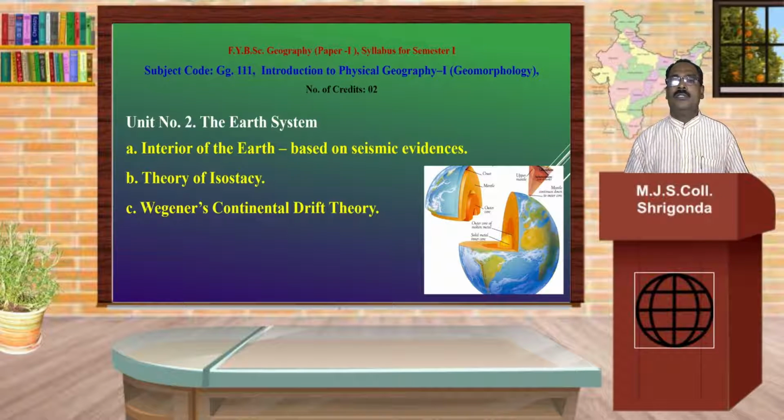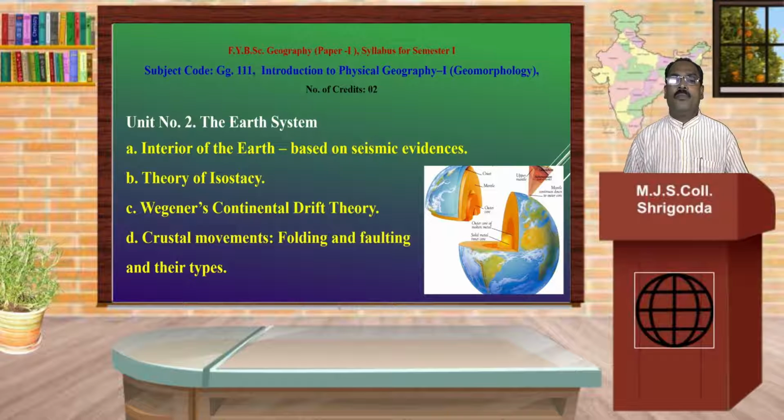So the first is the theory of isostasy and another is Wegener's continental drift theory. According to Wegener, the various types of proofs are studied in these points.